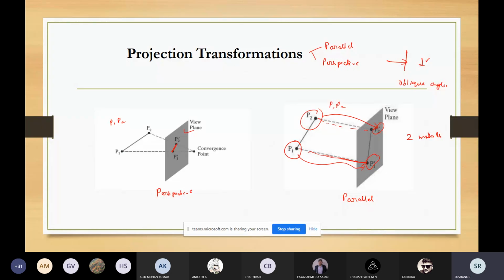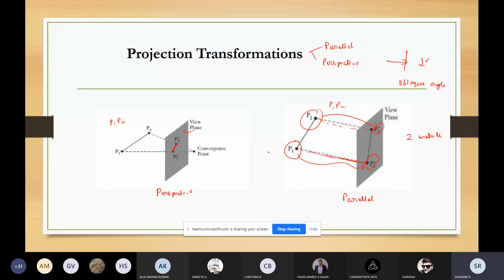Oblique means some slight angle, an in-between state. It is not a parallel line, and it is also not at the right angle. You can call it a slant line, the oblique line. These are the ways in which you can get the parallel projection. So we have two methods.